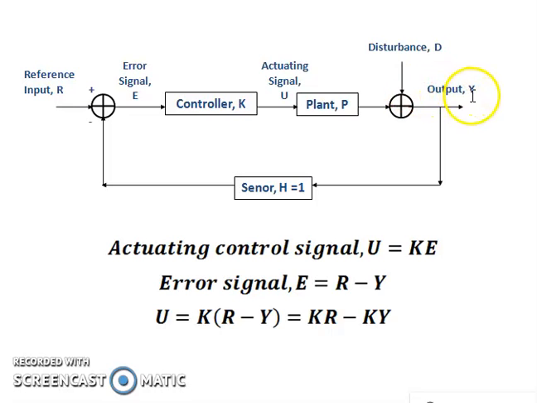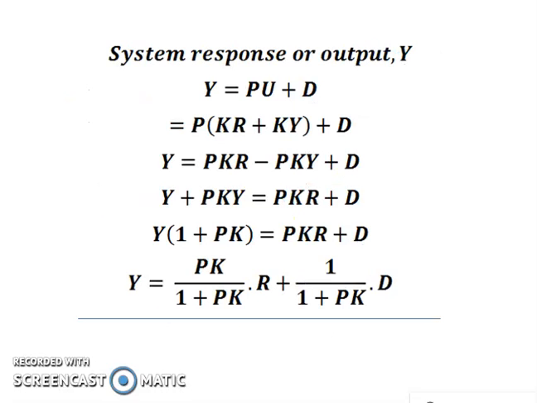That makes Y. So Y is equal to D plus P multiplied by U. Since we know the value of U to be KR minus KY, as obtained in the previous slide, we substitute and open our bracket.